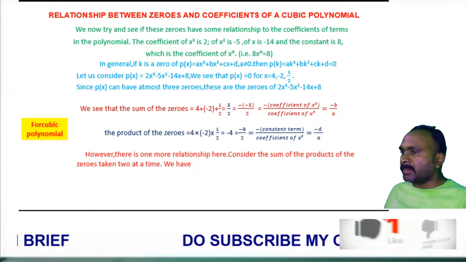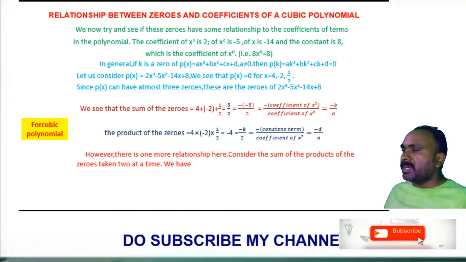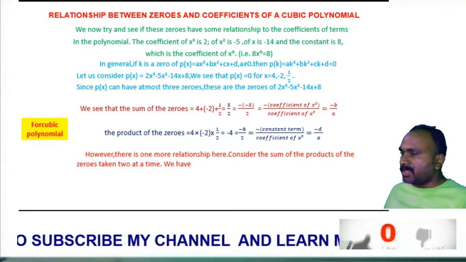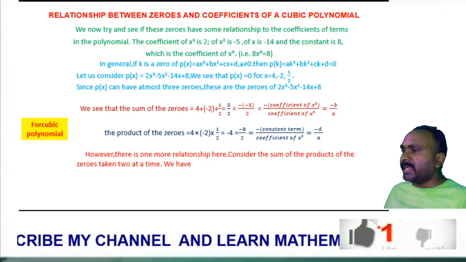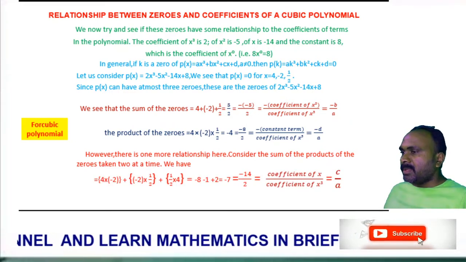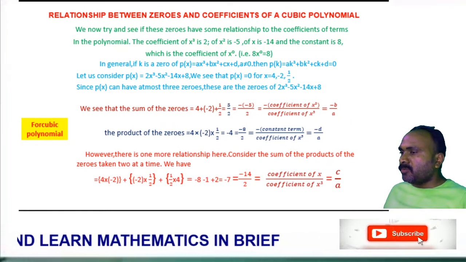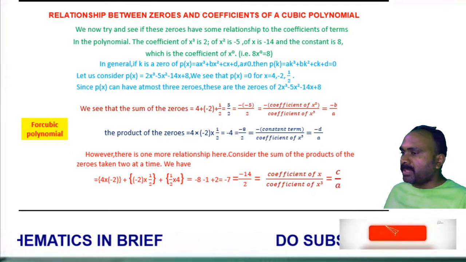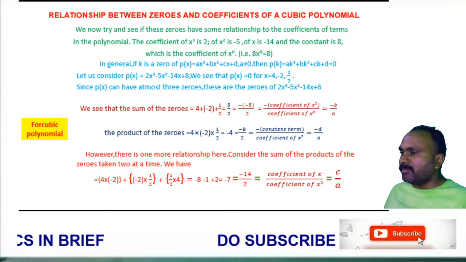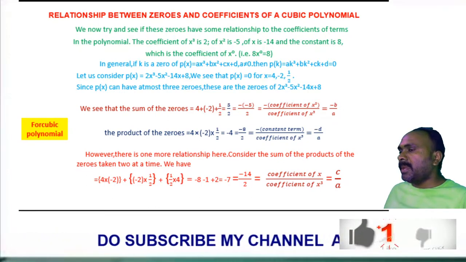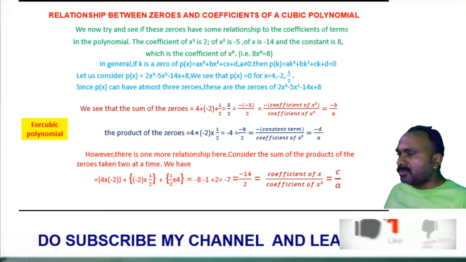However, there is one more relationship here. Consider the sum of the products of the zeros taken two at a time. We have here 4 and minus 2, so 4 into minus 2, next minus 2 into 1 by 2, and next 1 by 2 into 4. Now add them: 4 into minus 2 plus minus 2 into 1 by 2 plus 1 by 2 into 4.